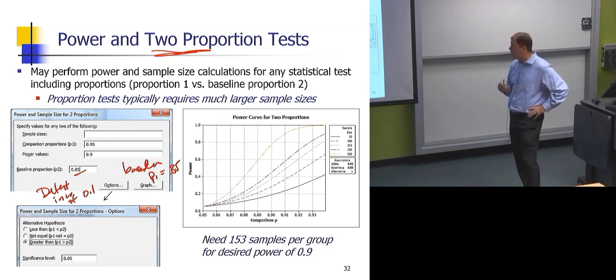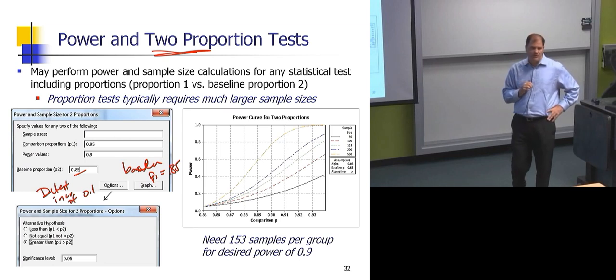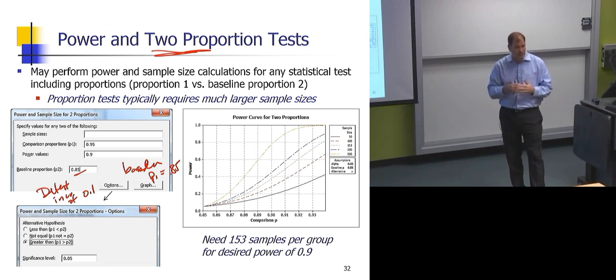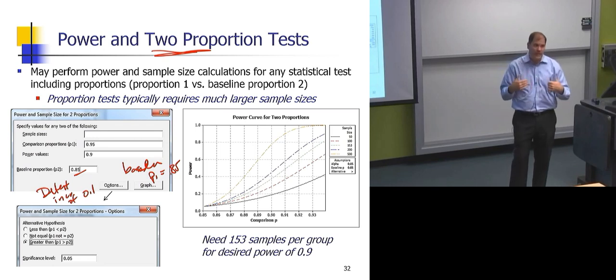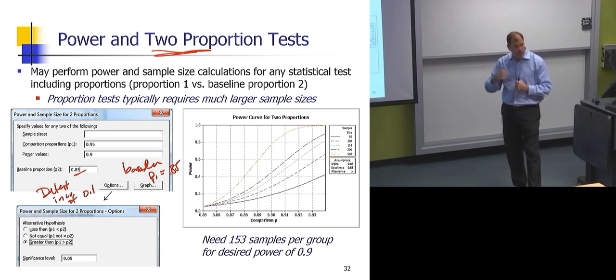I would make my comparison. I have to convert that to the same units. So if it's 0.85, a 10% increase would be 0.95. By the way, it actually matters which one you put where, right? Because proportions are not symmetric. If you look at a proportion curve, it depends on which is baseline and what your comparison is.